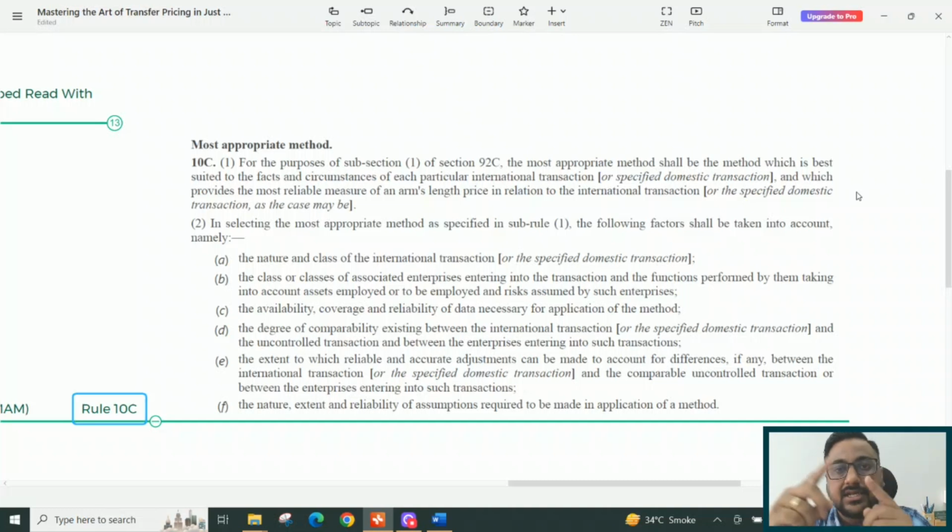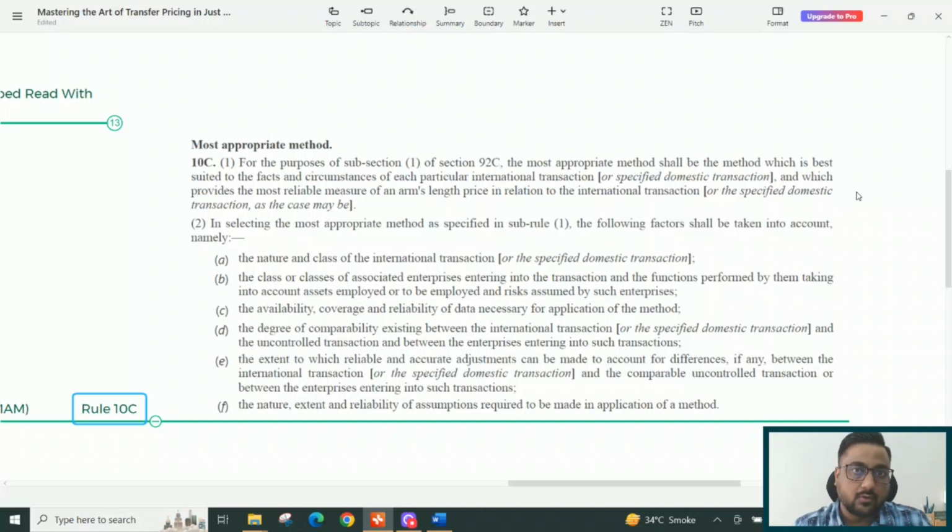So degree of comparability is also to be assessed, right? If I can compare the transaction under two methods, for example, under say CUP method and under TNMM, I need to understand where the degree of comparability will be more in both methods.